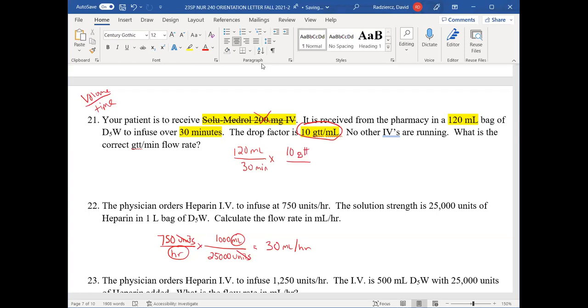This is usually what trips people up, which is why I was saying it. But if it's already in minutes, leave it alone. Don't go to hours, because then you're just going to convert it right back to minutes. Good question.